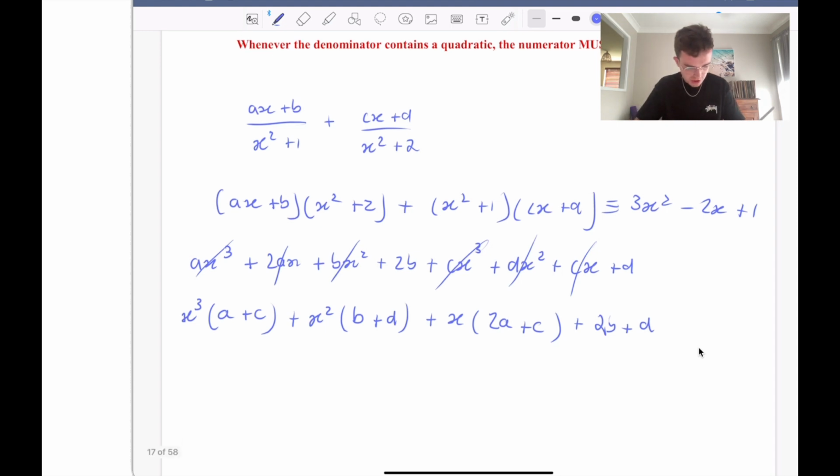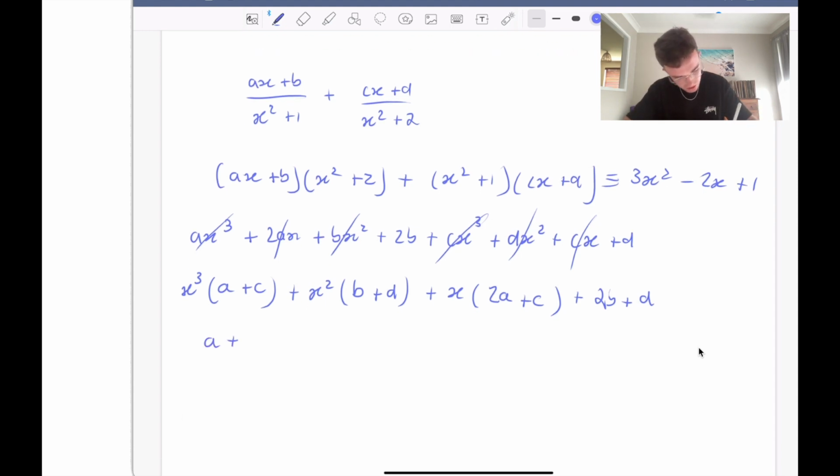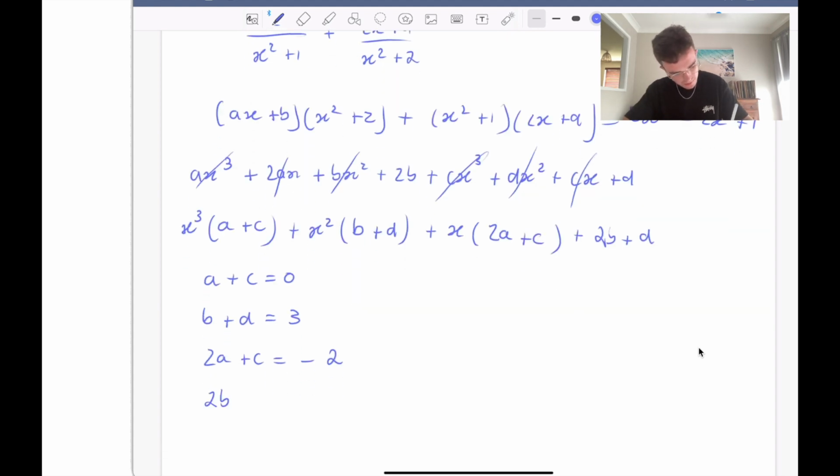Now equating coefficients, a + c has to equal 0 because there's no x³ term. b + d has to equal 3, that's my x² term. 2a + c has to equal -2. And 2b + d equals 1.